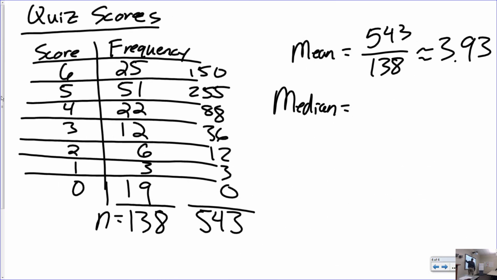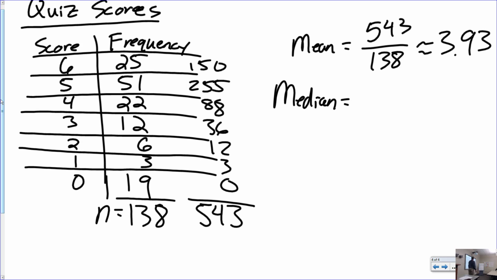What's n over 2, folks? What are the 69th and 70th numbers in this list? Both 5s.